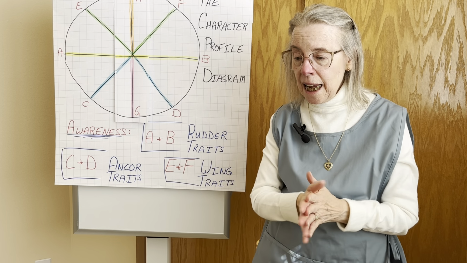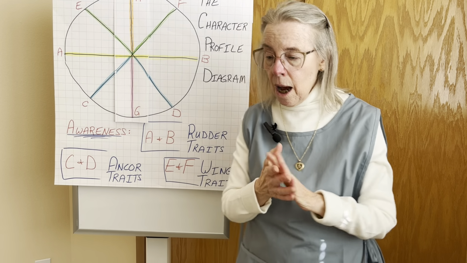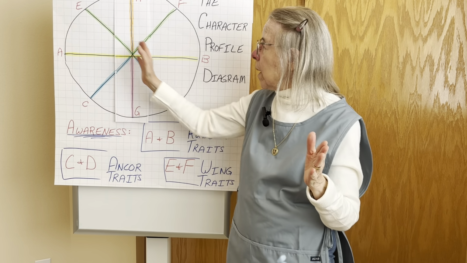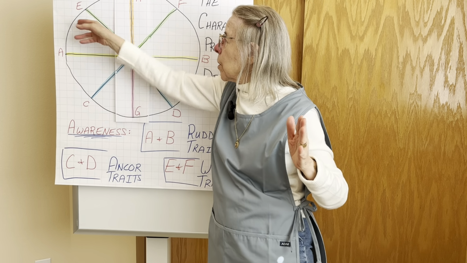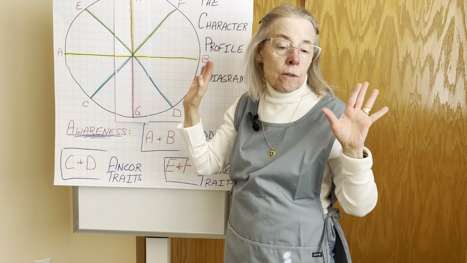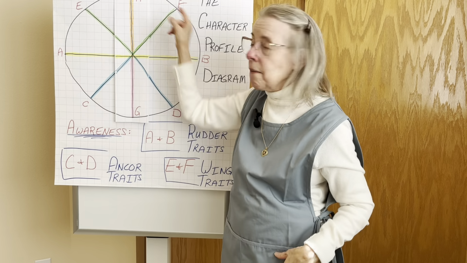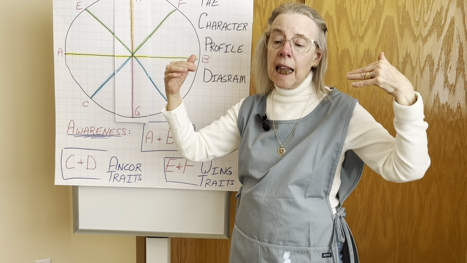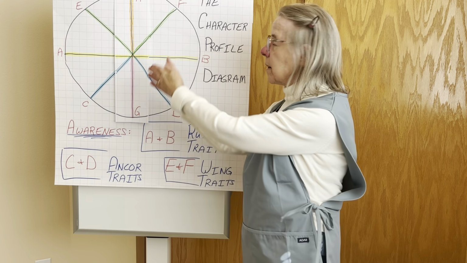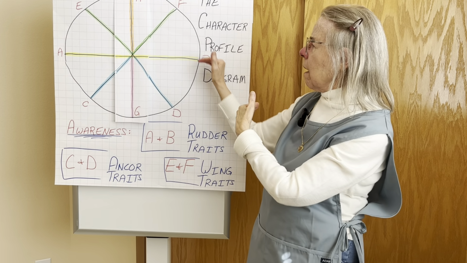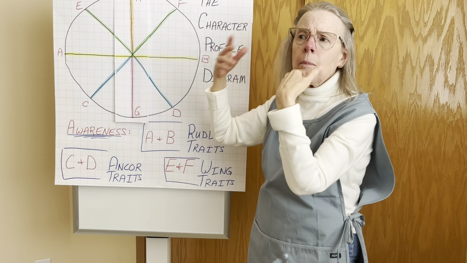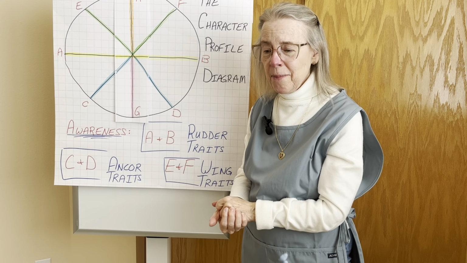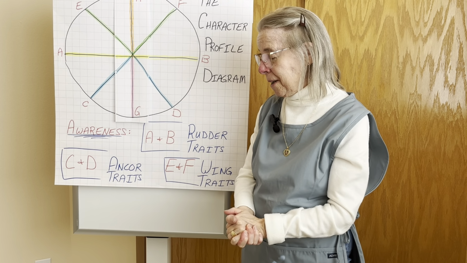And finally, your last one will be, what if you have a character whose circumspection is in one of these wing traits? How would that function in his life, and how might that circumspection finally become part of his conscious awareness? So those are your four homework assignments.